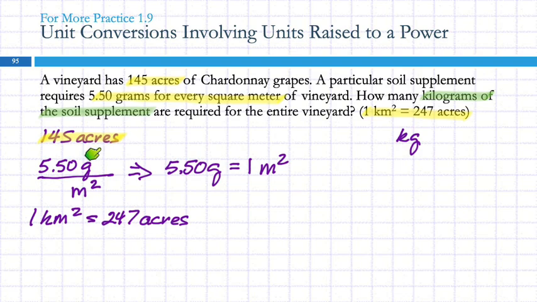I need to get from acres to kilograms, from an area to a mass. Well, let's look at what they gave us. They gave us square kilometers to acres. Oh, here I've got acres. So this would let me go to square kilometers, right? So I could do that. Kilometers squared.